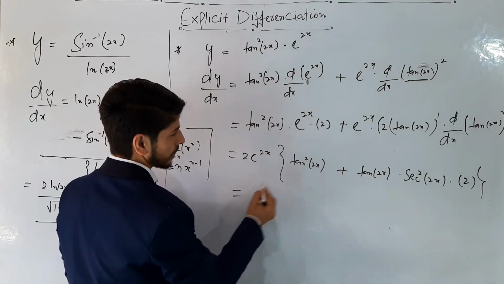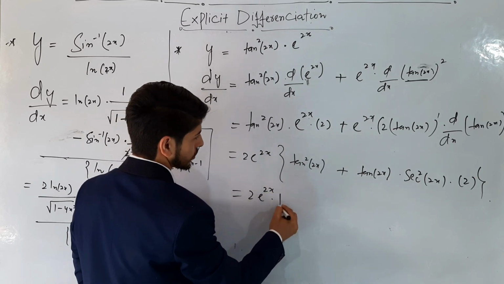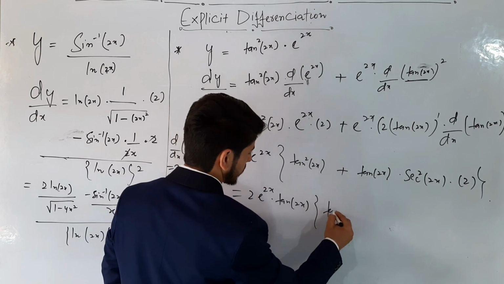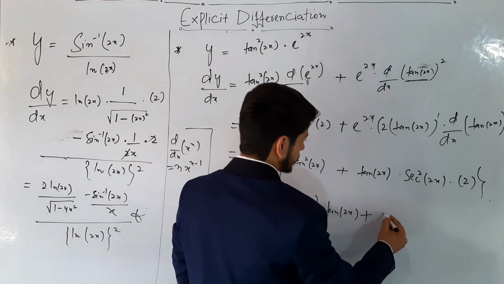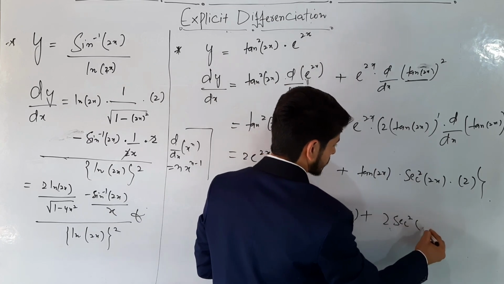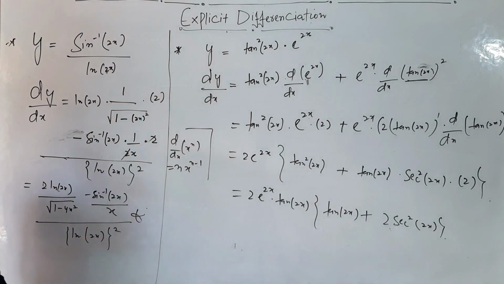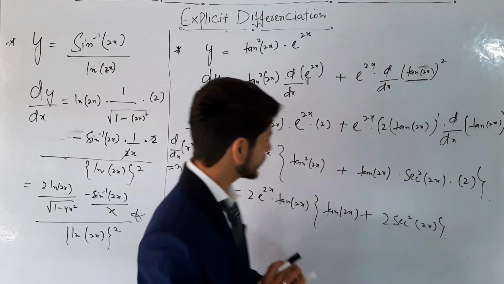Now what will be in common also? tan of 2x. 2e power 2x into tan of 2x, plus 2 sec square 2x. This is the derivative of this function, y equal to tan square 2x into e to the power 2x. Is this easy? Okay, nice.